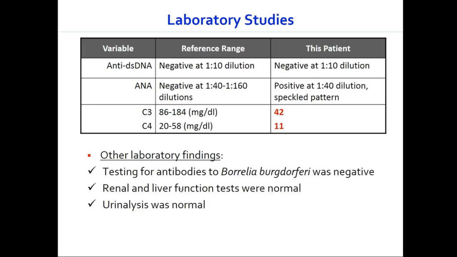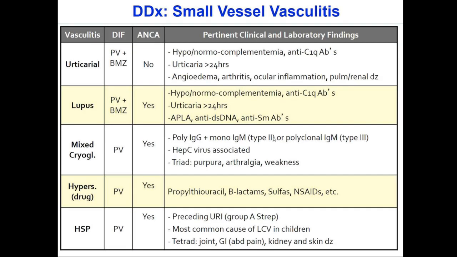In addition, his serum complement levels were quite reduced. So he had hypocomplementemia, he had a leukocytoclastic vasculitis, and in addition, he had the dual basement membrane zone and perivascular immunoreactivity by immunofluorescence. Taking all of these into consideration, the diagnosis of this case was hypocomplementemic urticarial vasculitis.